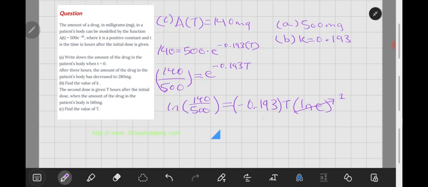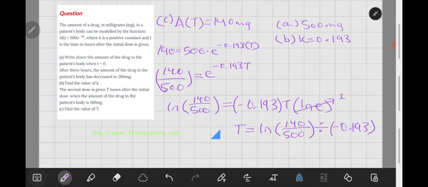And so then if we want to isolate for t, we will divide both sides by negative 0.193, or k. Okay, so then you get ln of 140 divided by 500, which is again divided by negative 0.193.